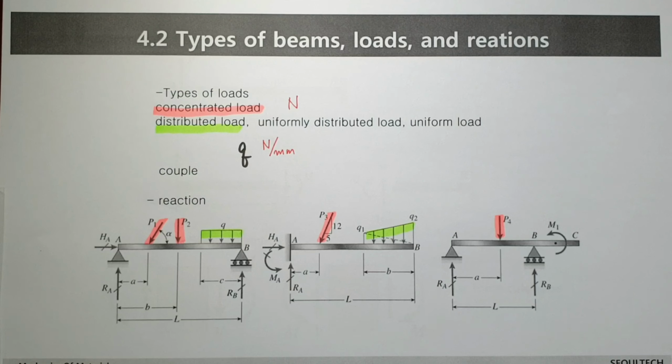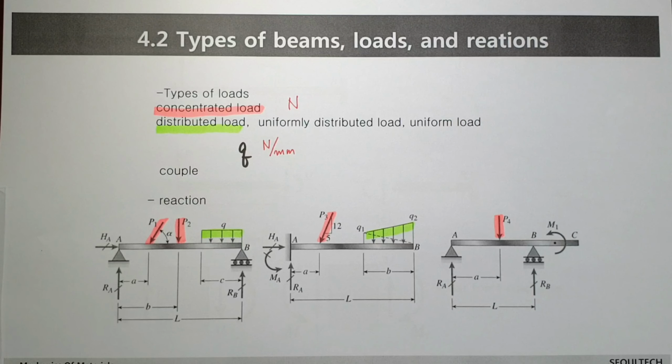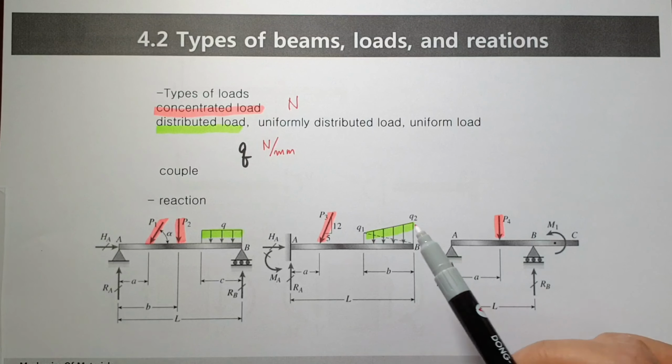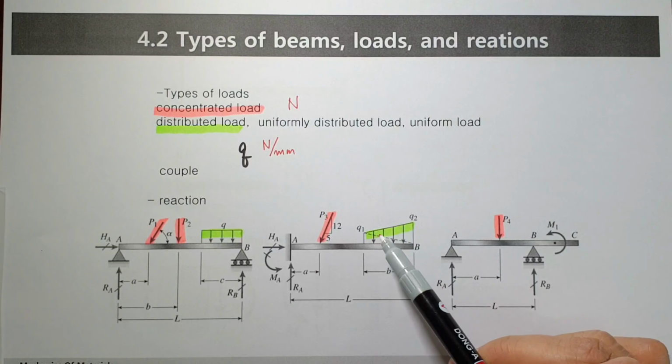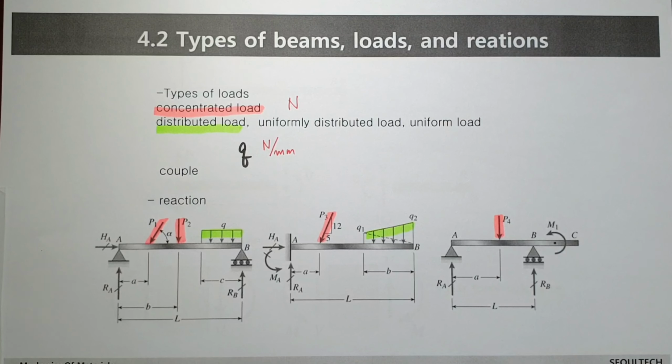That's the way to express the quantity of the distributed load. In this case, it's a uniformly distributed load because the quantity is the same. Or in this case, it's not a uniform load.